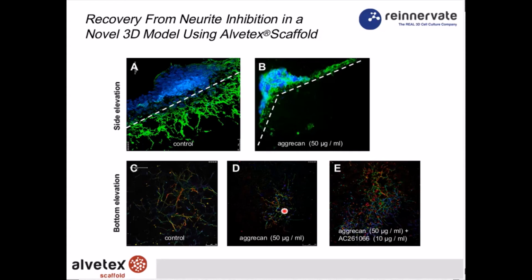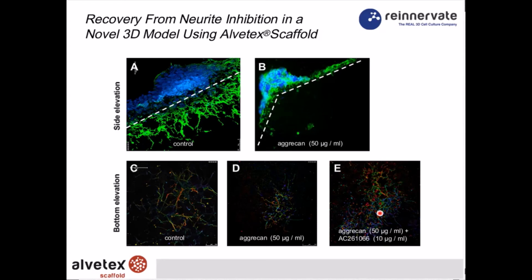We can now incubate the 3D culture with those small molecules. So this example is for AC261066, which is the RAR beta-2 receptor agonist, a retinoid agonist, and we see rescue, with more neurites coming through.